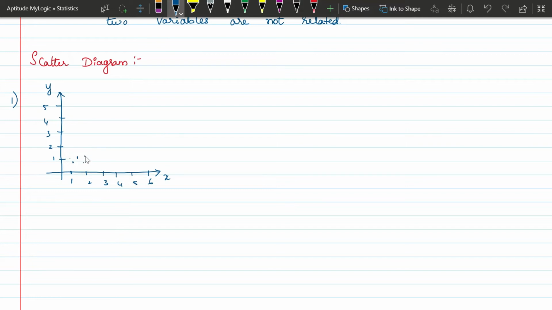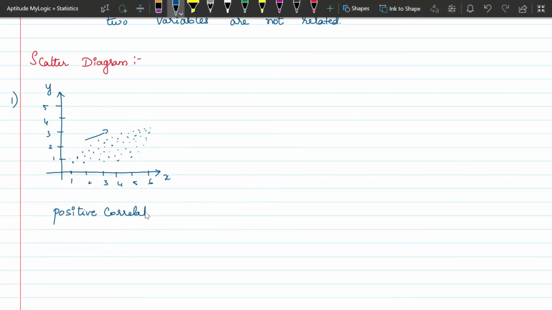So like this, I plot the points for different values of x. We are talking about statistics where we have so many values, right? A large amount of values. So if the points look like this, moving towards the upper direction, basically moving upwards, we call this positive correlation.